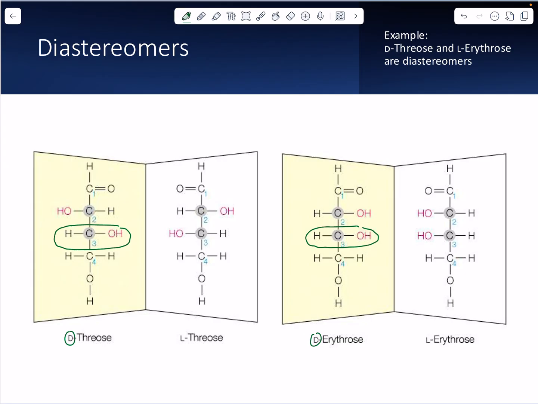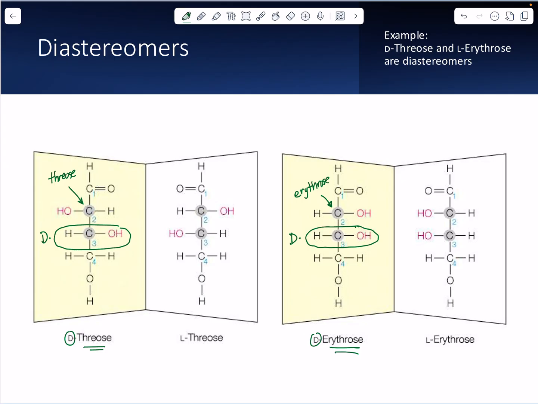The stereochemistry at carbon 3 is the same, so that gives us our D. But when we look at the stereochemistry at our other chiral center, carbon 2, we have different stereochemistry there. That's where we get the different names. This is what makes it threose, and this is what makes it erythrose.